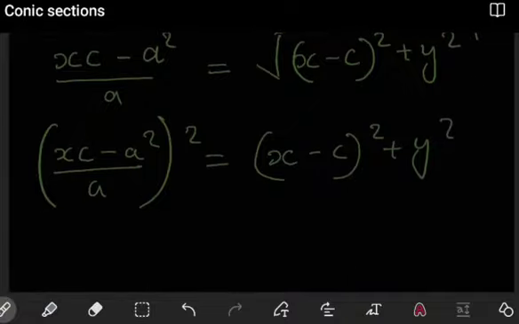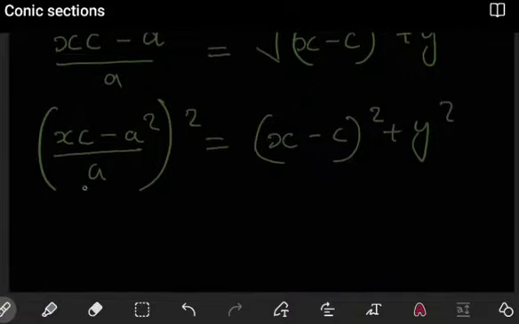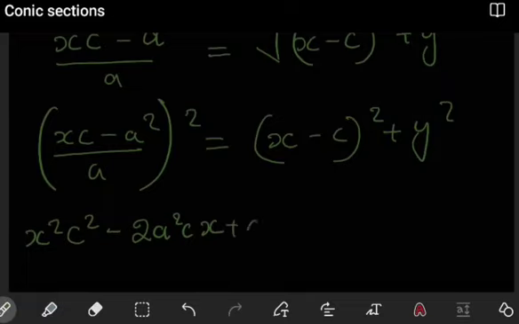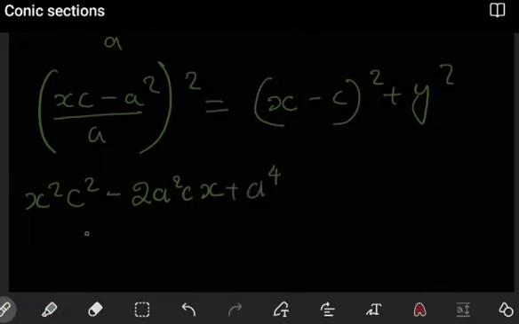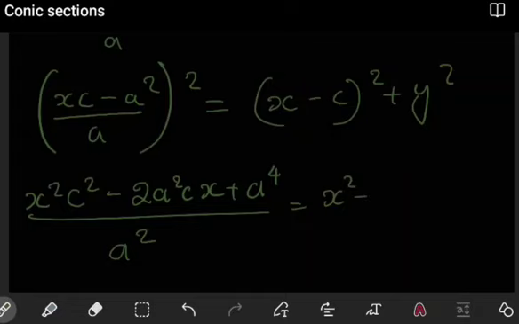At this point, we can expand these expressions. The top part becomes x squared c squared, and then this will be minus 2 a squared cx, then plus a to the power 4. All this is over a squared. The right side will have x squared minus 2cx, then plus c squared, then plus still y squared.